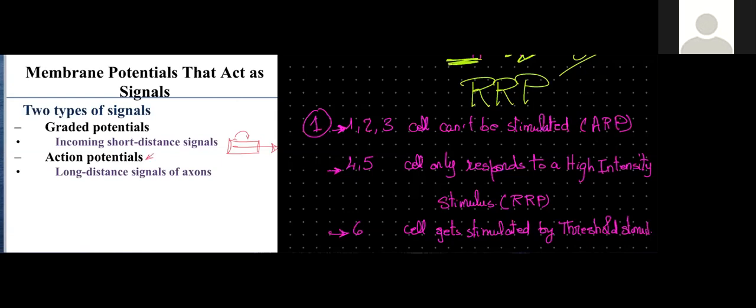Compared to action potentials, those are long distance signals that will be traveling along the length of the axons. If you remember, the axons are those long processes of the nerve cells.